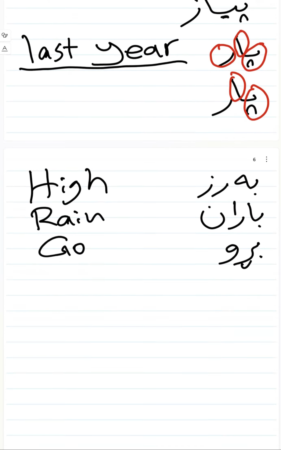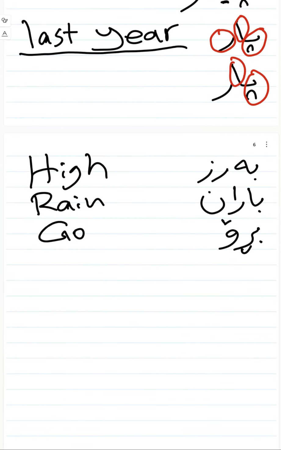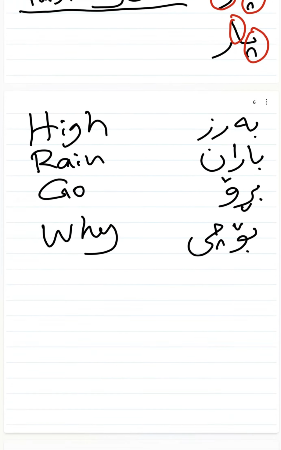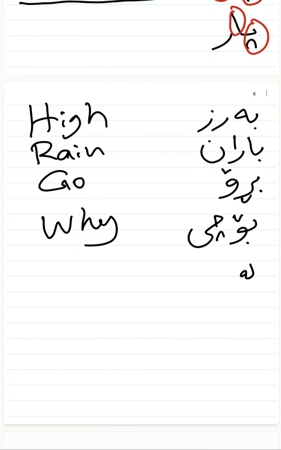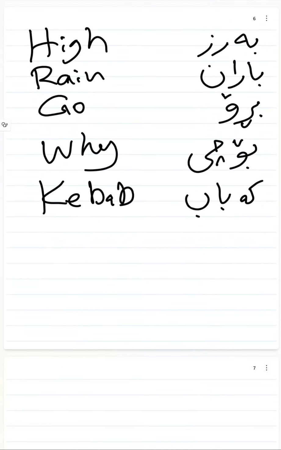Okay, bro. We learned bochi, why. And then we have kebab, which meant obviously kebab. It can't mean something else. Kebab. And then that was for our letter B.